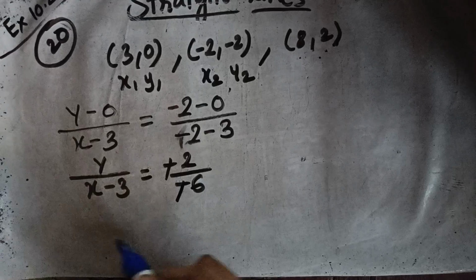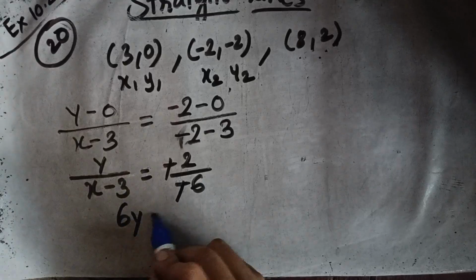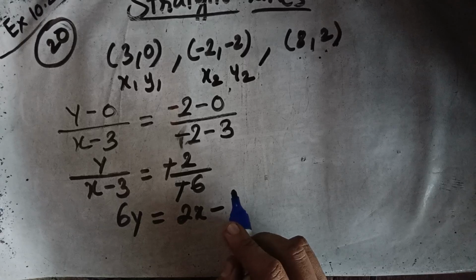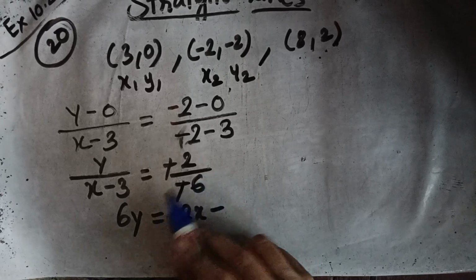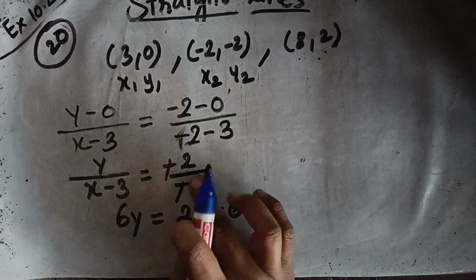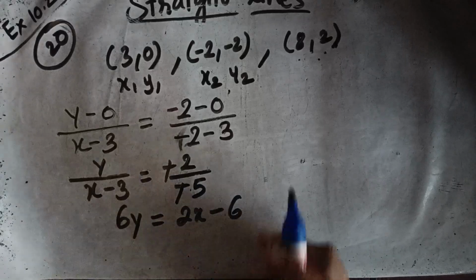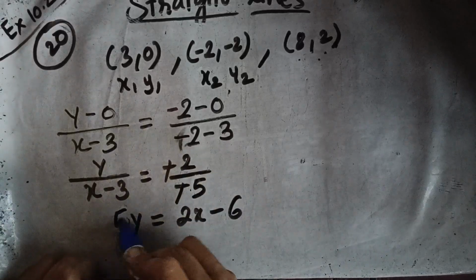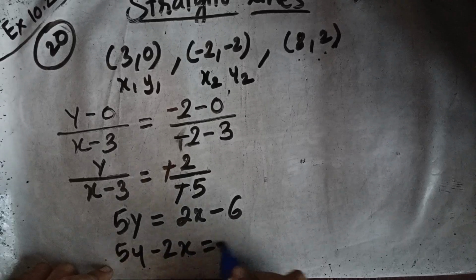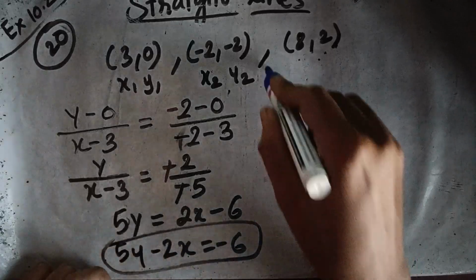So we'll get 6y equal to 2x minus 6. This is 5y, sorry. 5y. Okay. So 5y minus 2x equal to minus 6. This is the equation we have.